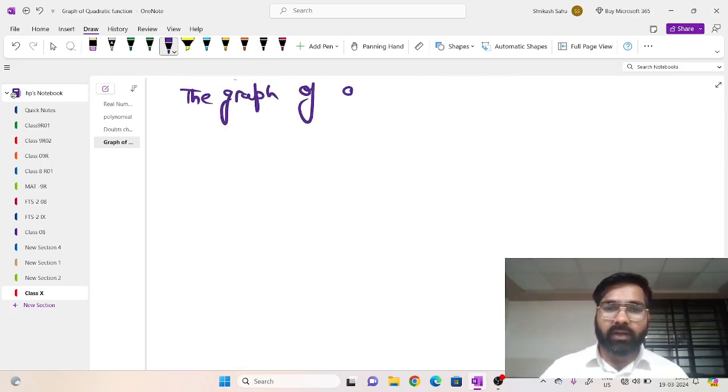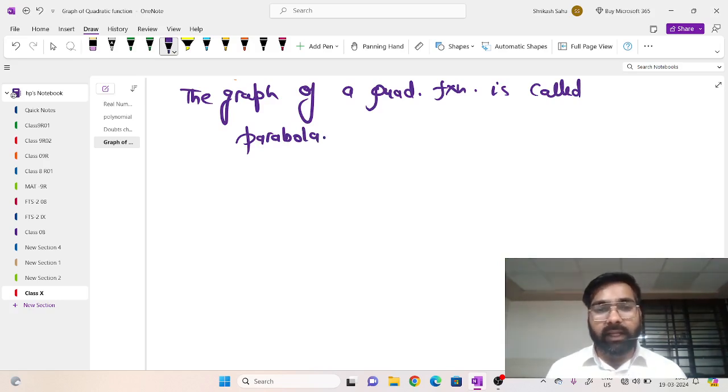So we can say that the graph of a quadratic function is a parabola. Again, I want to tell you that the graph of every function is always unique.